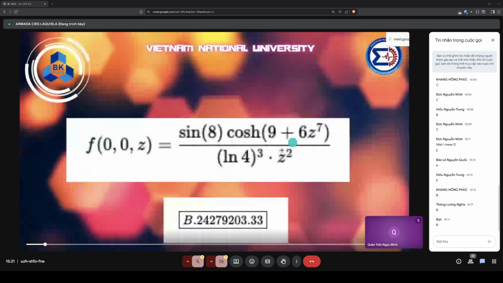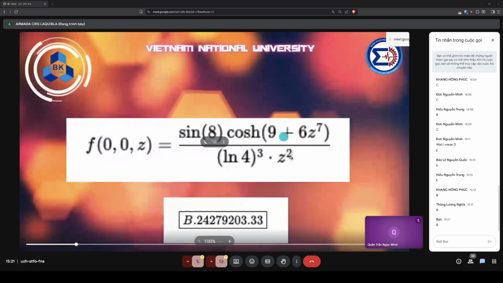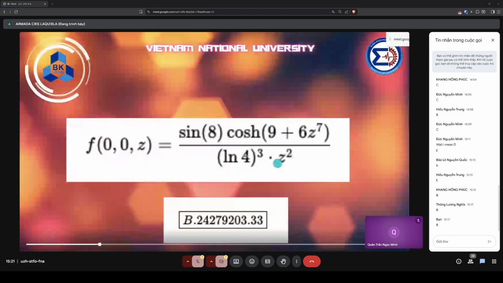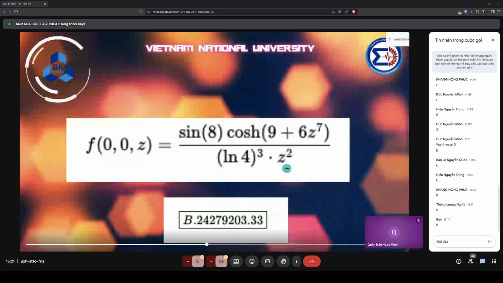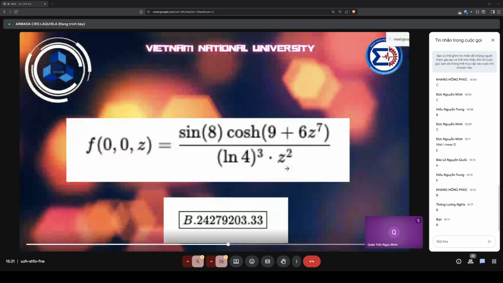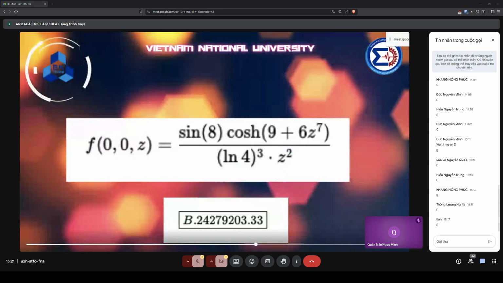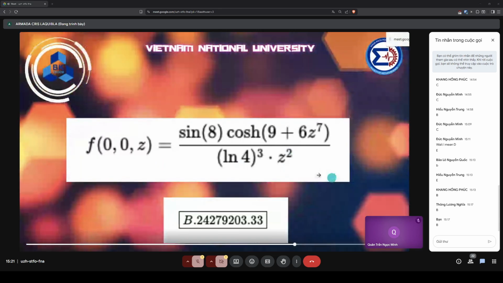Now, take the derivative of this too, the quotient part. So here, sine 8 ln 4 cubed, just write it there at the side because they are constant. So when you take the derivative of this with respect to z, because it's partial of f over partial of z, right?